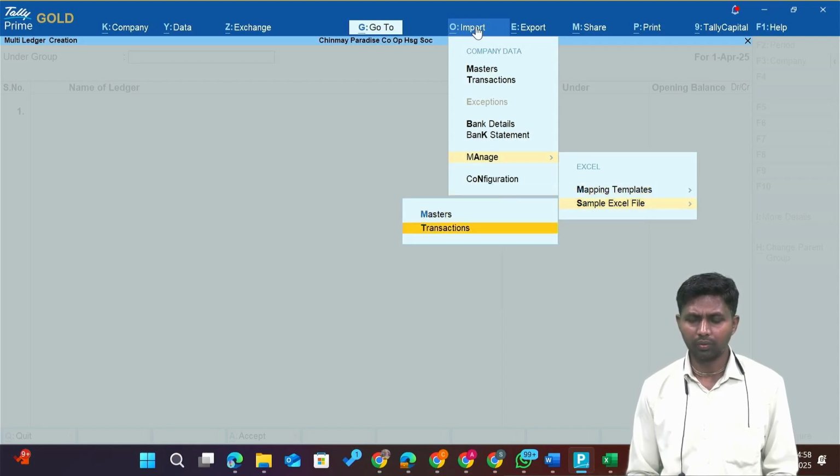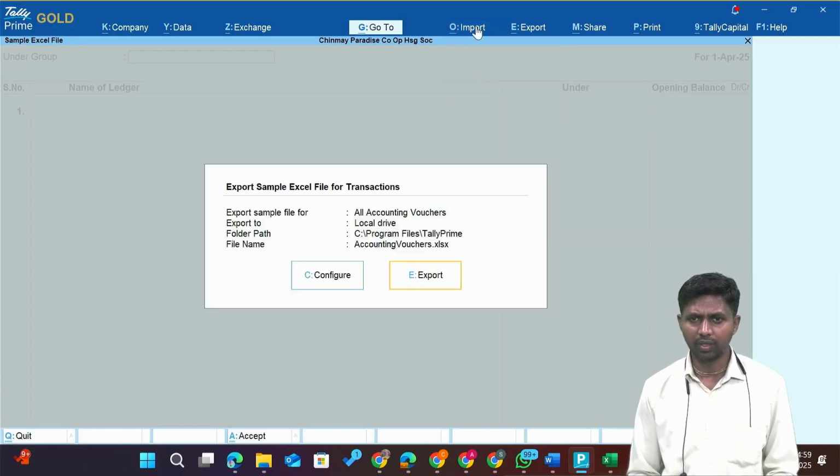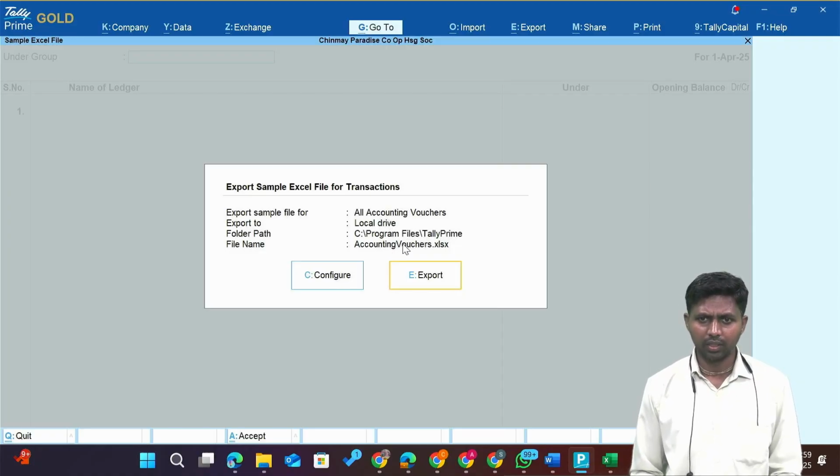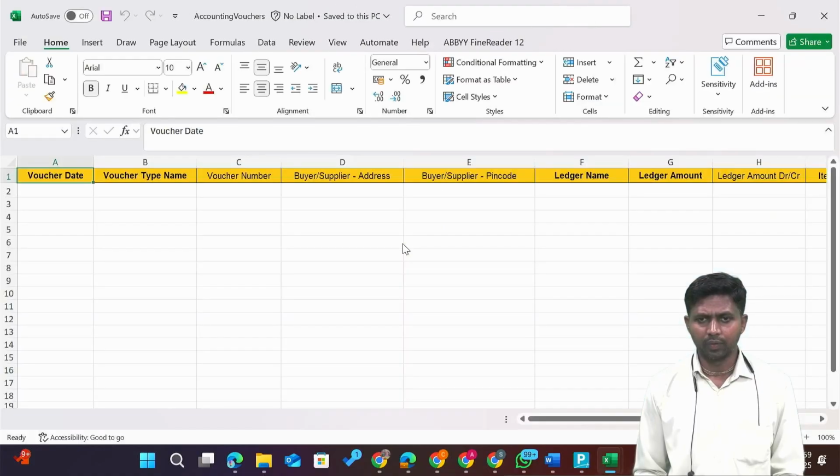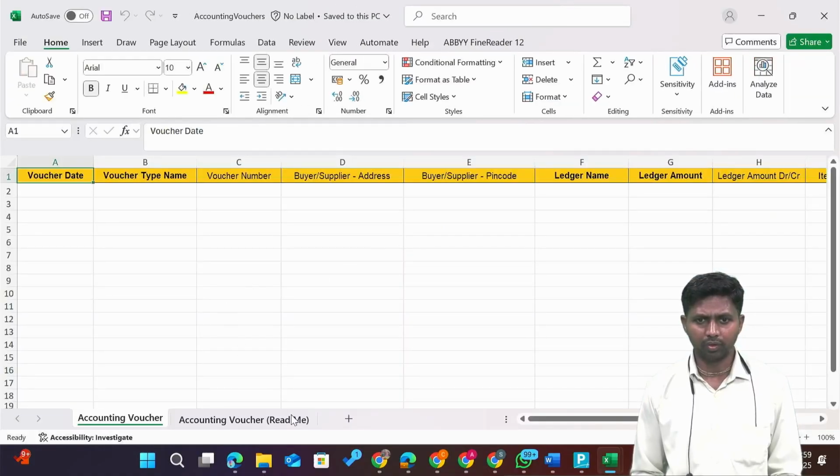Yes, you can download. For transactions, this is the file. Where is that file? This is in the C Tally drive, and the file name is accounting voucher. Let's export it. Okay, we have exported and we have got a file like this.